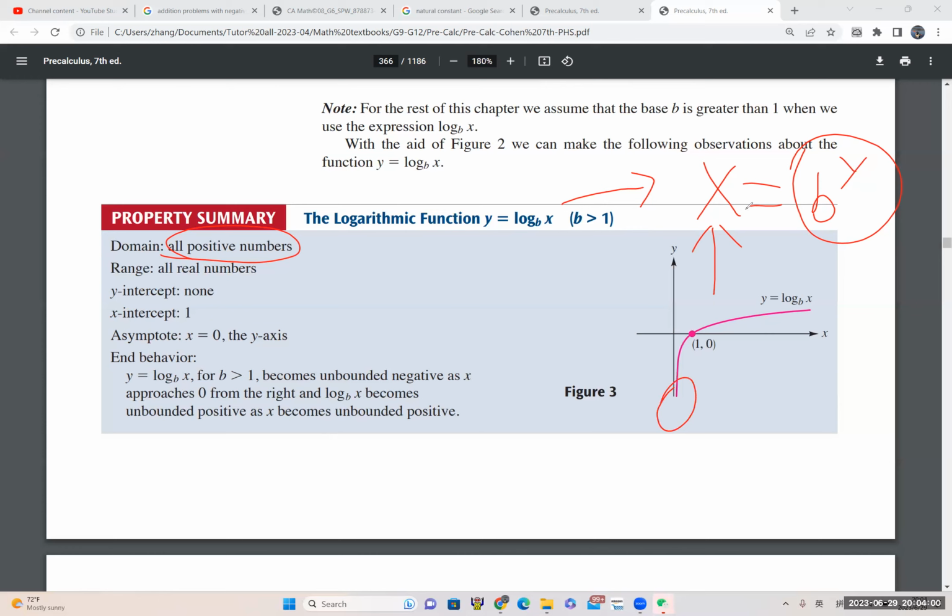Then similarly, if y goes to infinity, x also goes to infinity. So when x approaches infinity, y also approaches infinity. That's the reason we mention it here.